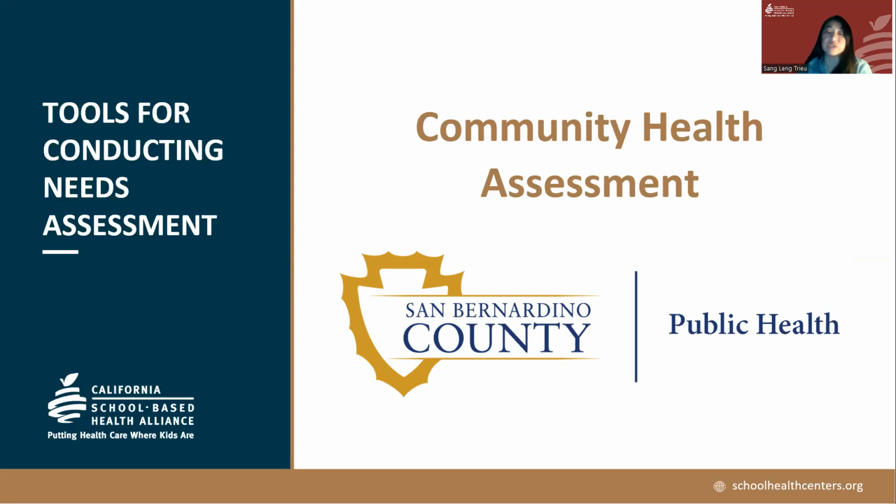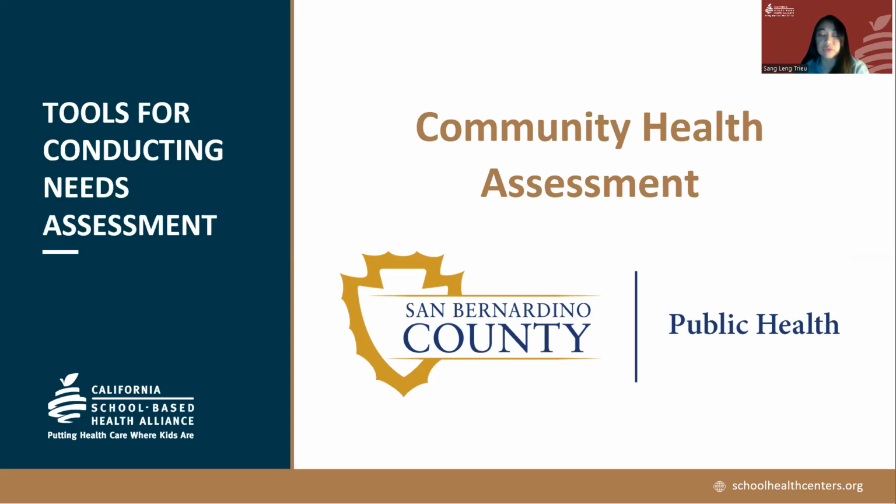It's a population-based survey that presents data on how community members are doing in the county in terms of physical health, mental health, environmental health, and a whole host of other indicators.